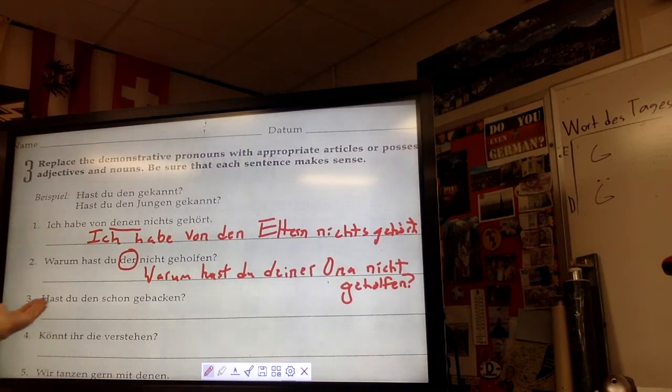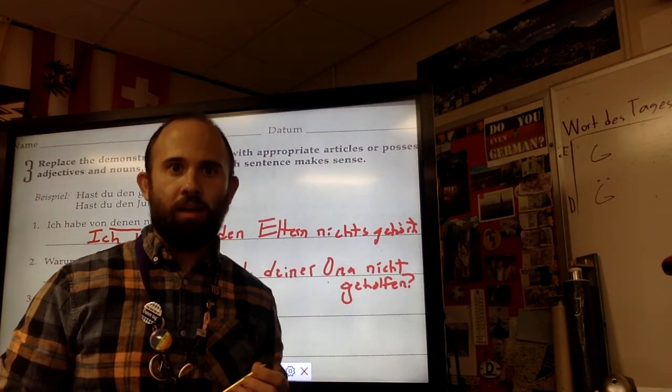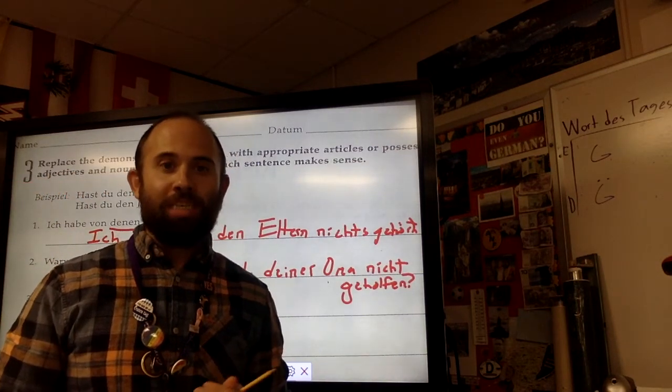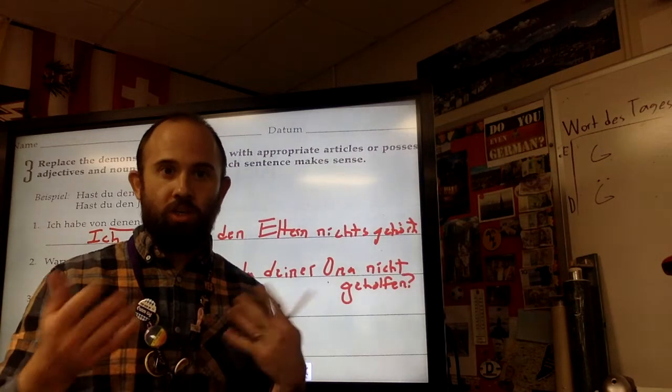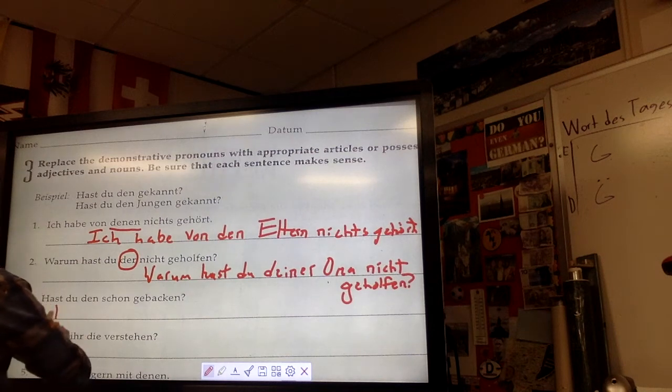Can I ask this on its own? Hast du den schon gebacken? I don't know what den is without a conversation that introduces it. So I would have to say this first.